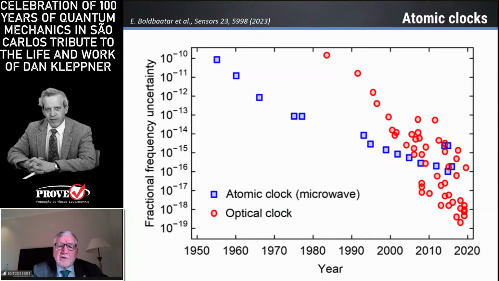But these clocks have now a stability, a precision better than 10 to minus 18. Okay, then you can speculate with this kind of accuracy. You can do geophysics. You can see the effect of gravity on time.